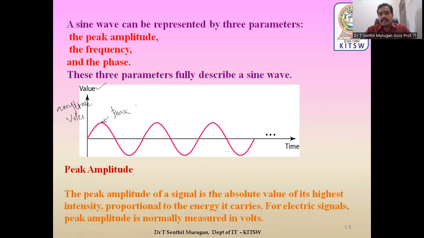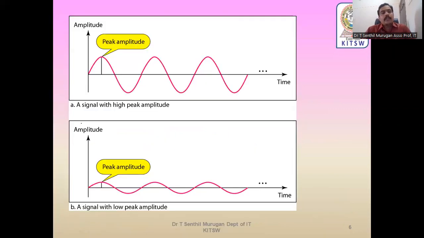Normally in electric signals, peak amplitude is measured in volts. In this diagram, you can understand the highest amplitude of the particular sine wave.